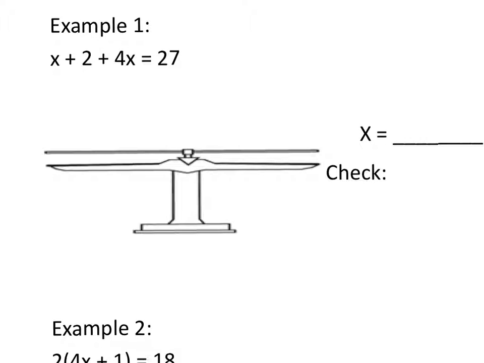Now, we're first asked to do x plus 2 plus 4x equals 27. We show this by drawing x plus 2, and remember we draw a number cube and put a 2 in it, plus 4x. And it's going to equal 27.